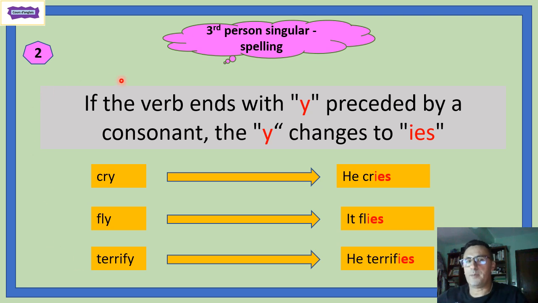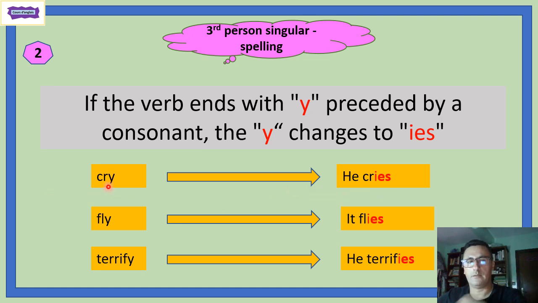Alors, deuxième cas. If the verb ends with Y, preceded by a consonant, the Y changes to IES. C'est-à-dire, si le verbe se termine par Y précédé d'une consonne, la lettre Y va changer en IES, comme cry, qui veut dire pleurer, on dit cries.